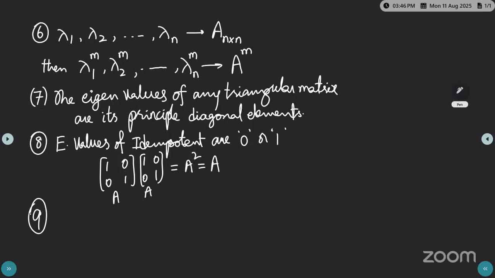The eigenvectors corresponding to unequal eigenvalues of a real symmetric matrix are orthogonal.